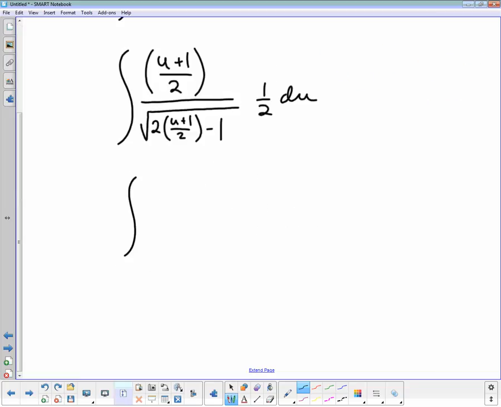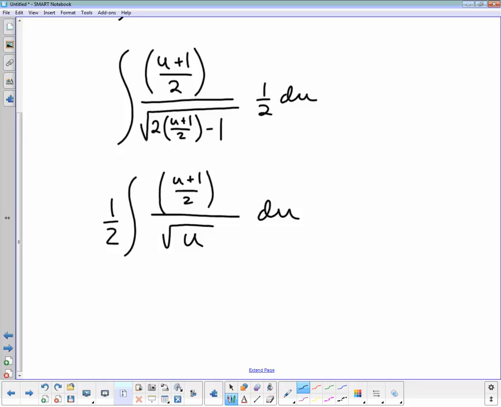So this becomes, let's fool with the top in a minute. This thing, as you can see, turns into the square root of u. My 1/2 comes out. So all I really did was play with the denominator and the 1/2 in front of the du. Now we can go ahead and clean that up a little bit more.